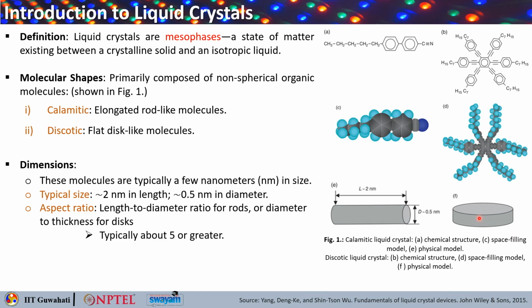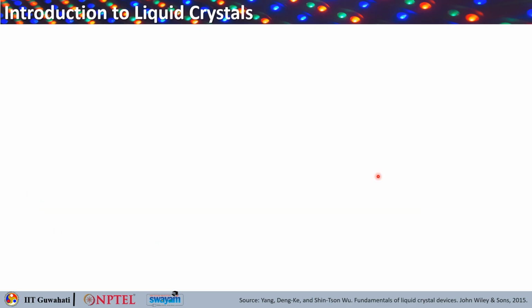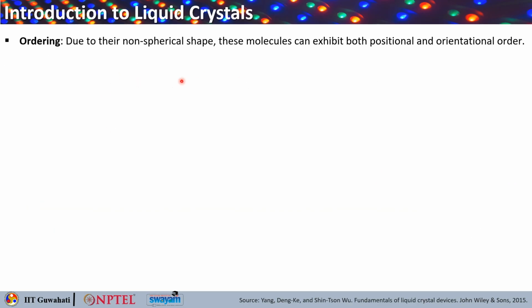Typically it is greater than 5 in the case of liquid crystals. Due to their non-spherical shape, these molecules can exhibit both positional as well as orientational ordering.